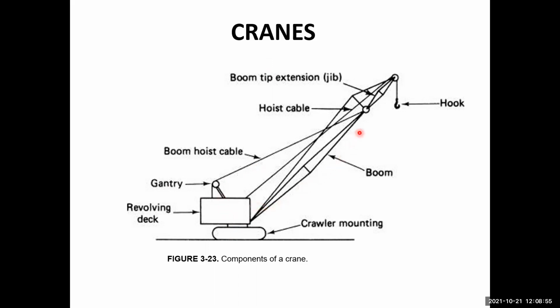And then there will be the boom, which will help to carry the load. There will be the hoist cable, the boom tip jib, and the hook will be also there.